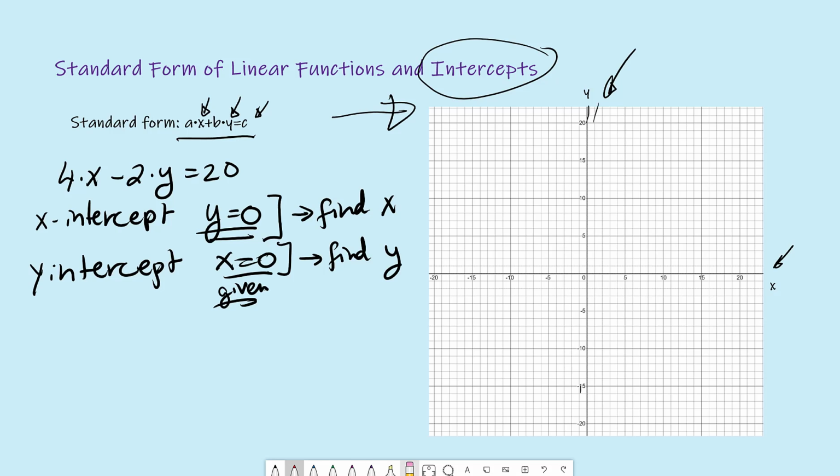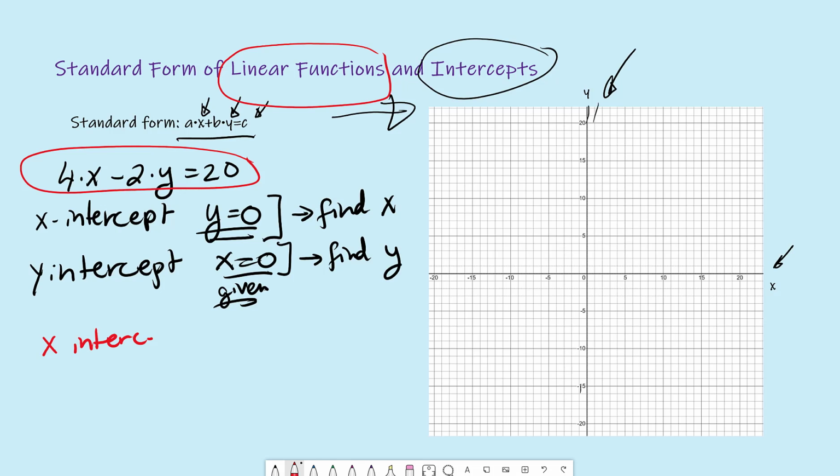Okay, with this example here, 4x minus 2y equals 20, let's find our intercepts, and then we'll use our intercepts to draw a line, because we know our linear function is a straight line. We're only looking at linear functions at this point. So first we'll look at the x-intercept. At the x-intercept, we know that y equals 0.